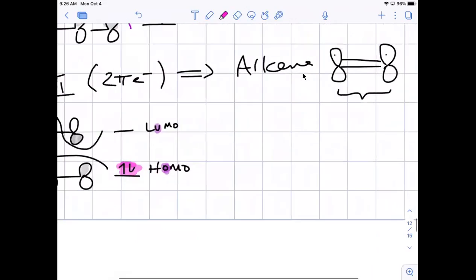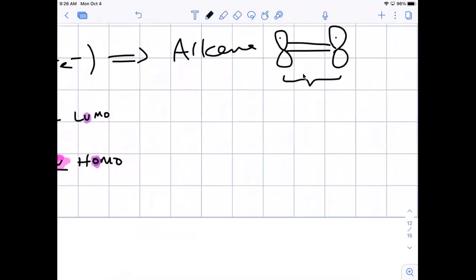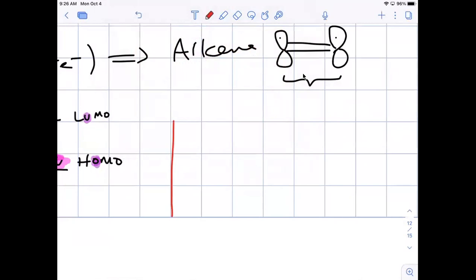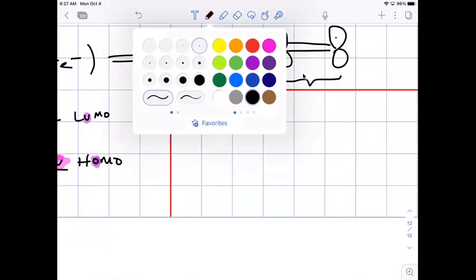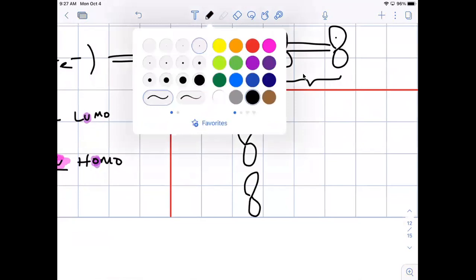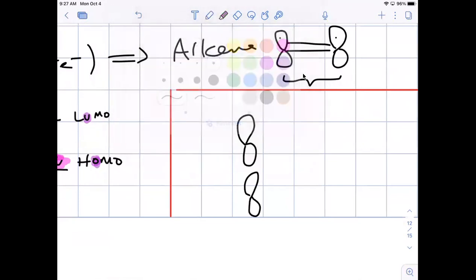So down here, let me just talk about the overlap. If you have two orbitals that are overlapping, I'll draw it like this. And this is shaded, and then this is shaded.